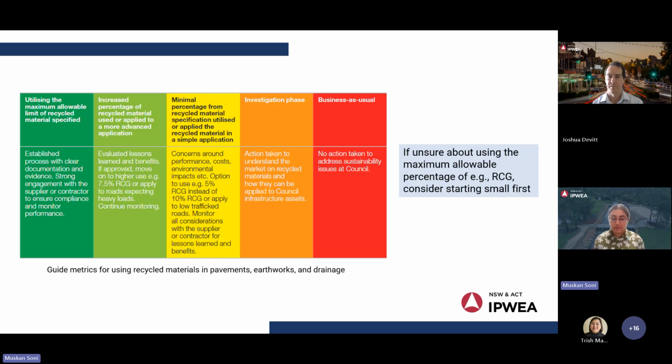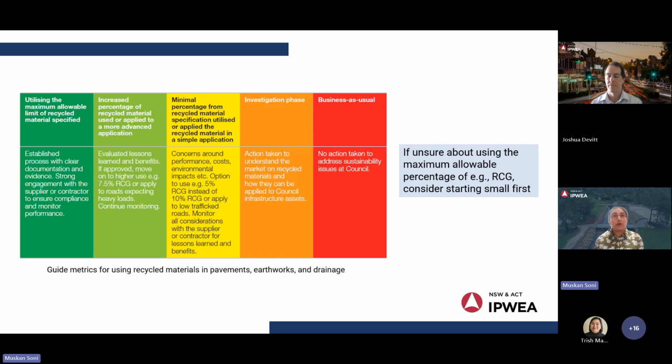So instead of just using the business as usual case, which is no action taken regarding sustainability, you could begin with investigating and looking into possible considerations or applications, then moving into a minimal percentage use. So you could look at using possibly 2.5% and then monitoring the performance of this and any lessons learned, and then eventually moving on to higher percentages.